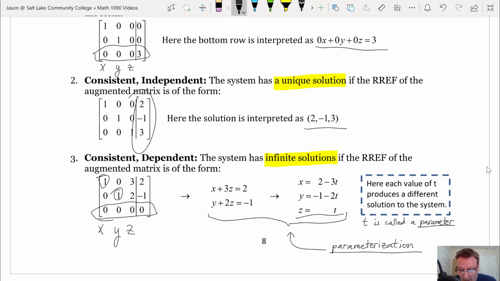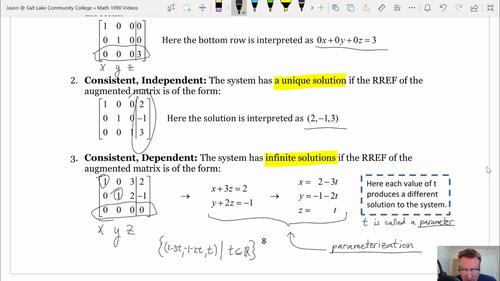And so this is how we could represent the solutions to this system. In fact, what we could do is say that the solution is the set of all points of this form: (2 minus 3t, negative 1 minus 2t, t), such that t is just any real number.